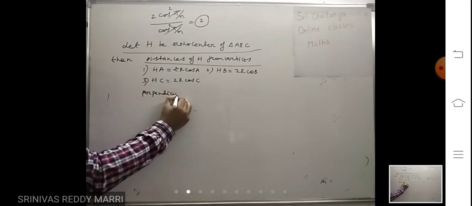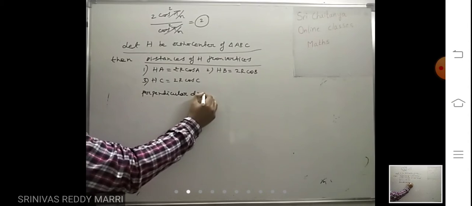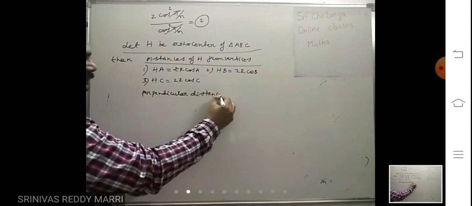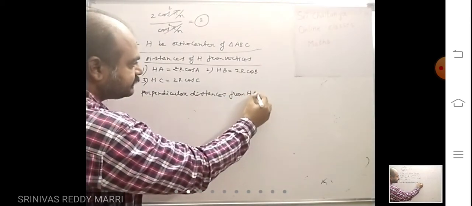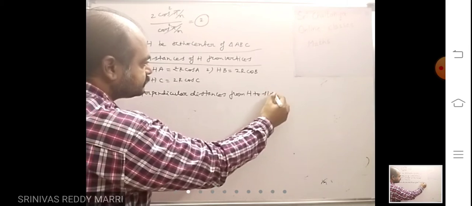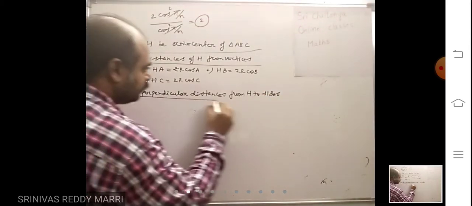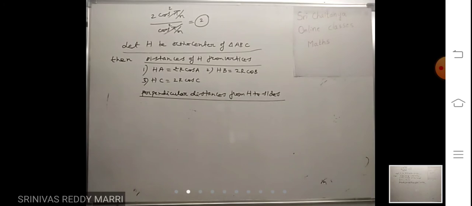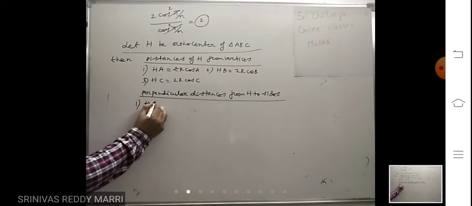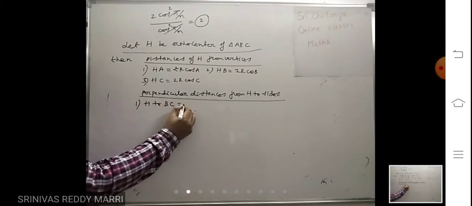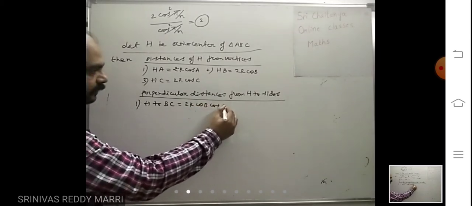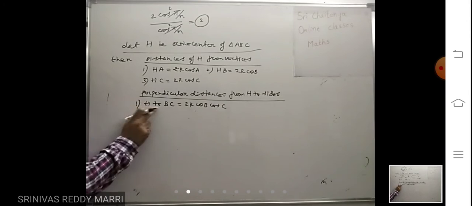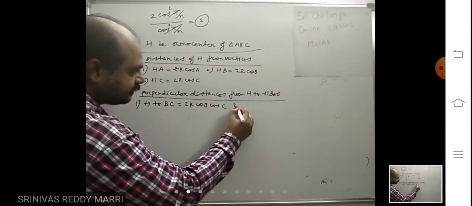Next. Perpendicular distances from H to sides. Perpendicular distance of orthocenter to 3 sides. That means number 1, H to side BC. Formula is 2R cos B cos C. That means from H to BC perpendicular distance.